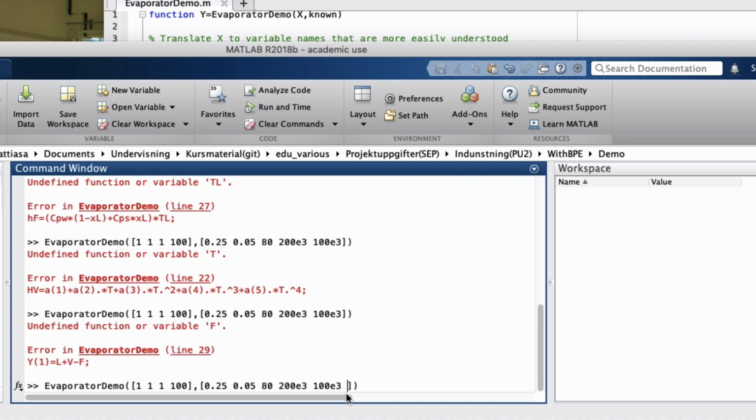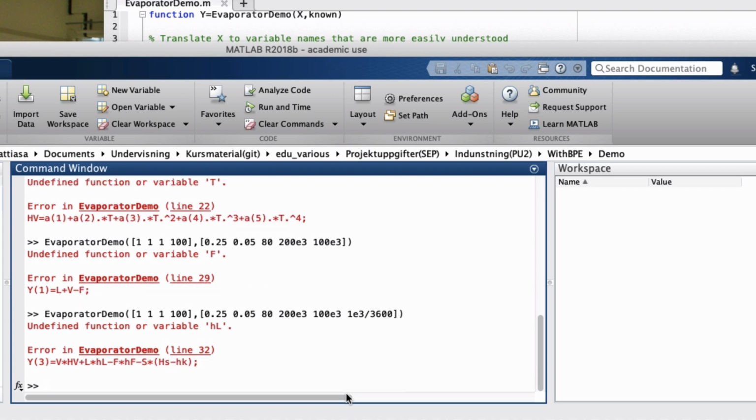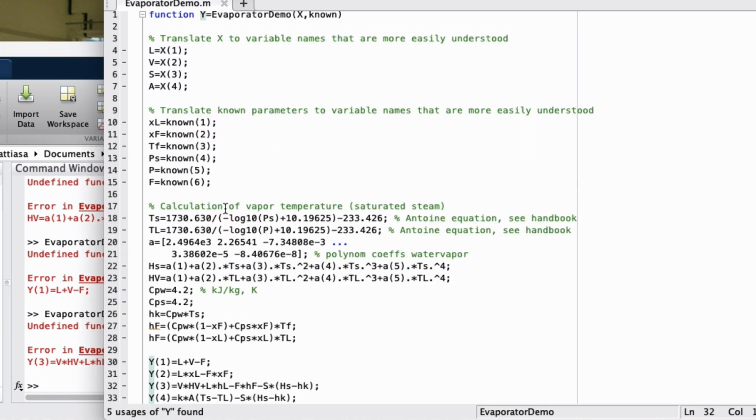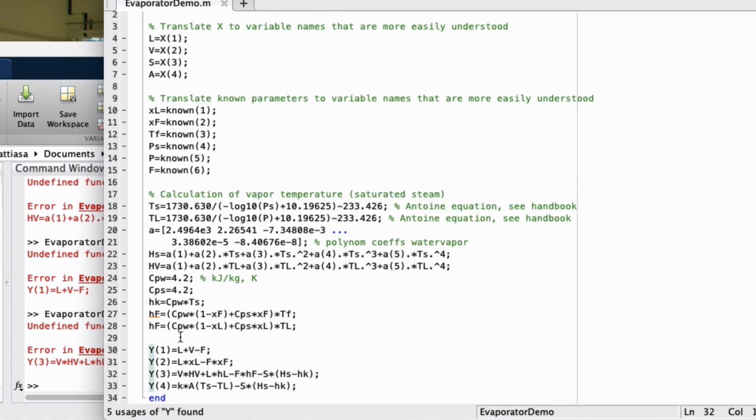So that's also a known. 1 ton per hour, that's 1 times 10 to the power 3 divided by 3,600 kilograms per second. And then HL is unknown. Didn't I calculate that one? No, because I did wrong there. See, I copied that line and I forgot. There's so many ways to do mistakes.